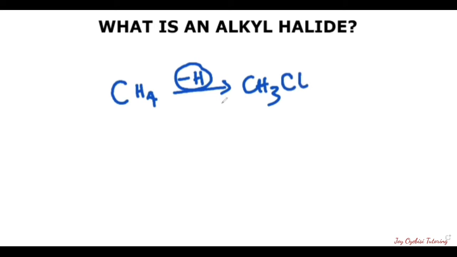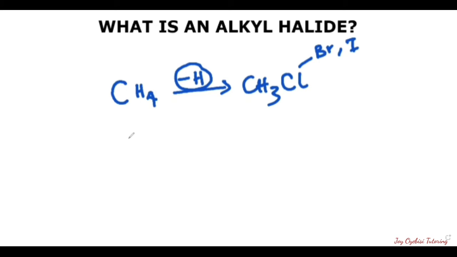So in this case, the hydrogen will be lost, giving us the alkyl group, but then it's being replaced by a halogen. So in this case, you have CH3Cl, or it could be bromine, it could be iodine, or any of those halogens.